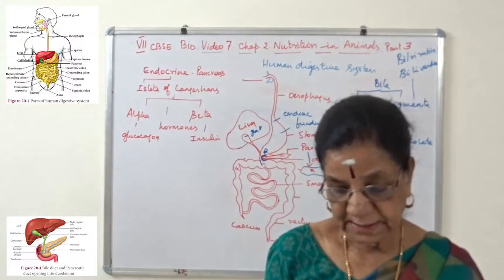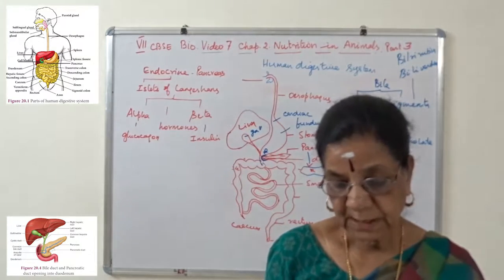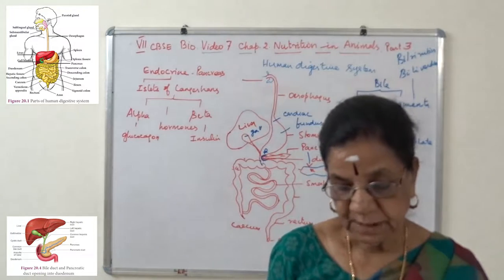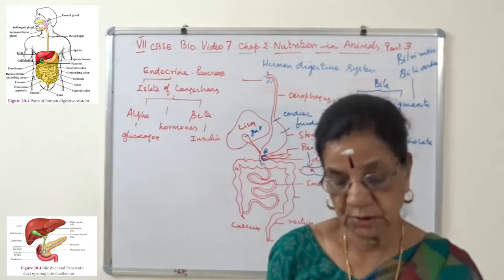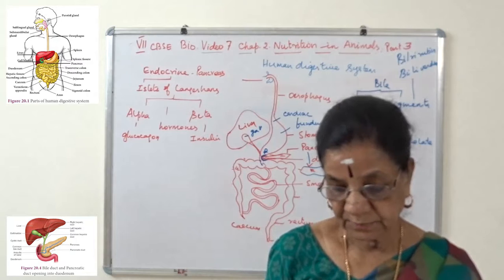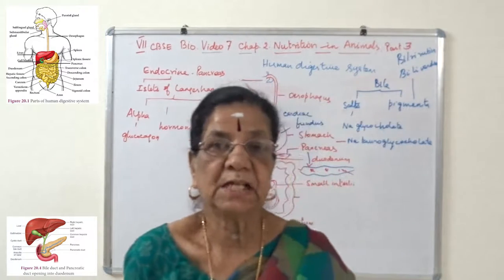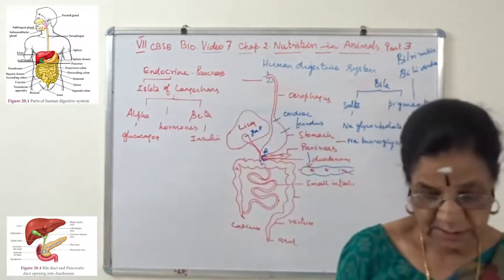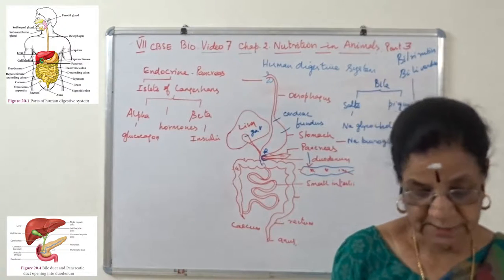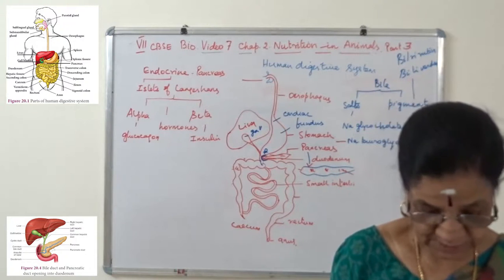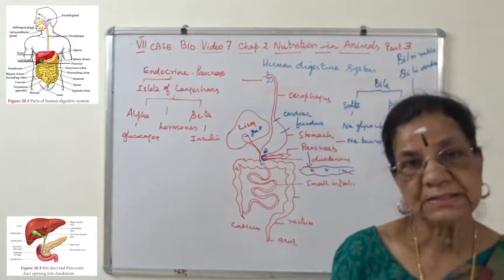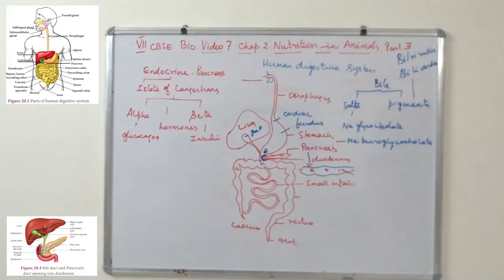They act upon fat, lipase on fat, trypsin and chymotrypsin on protein, and amylase on starch. And then the islets of Langerhans, as I said, have alpha cells and beta cells. I hope you can recollect this.